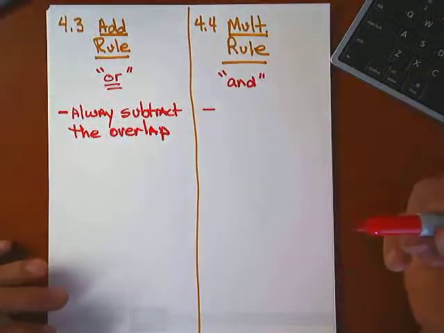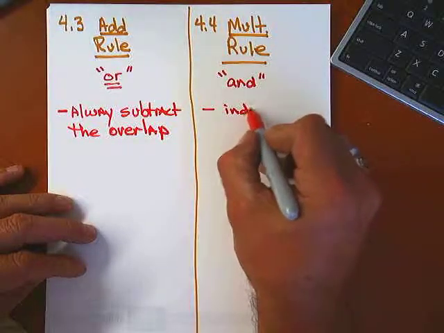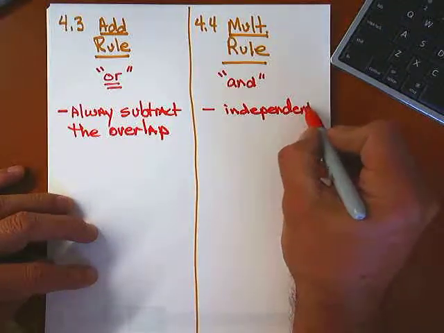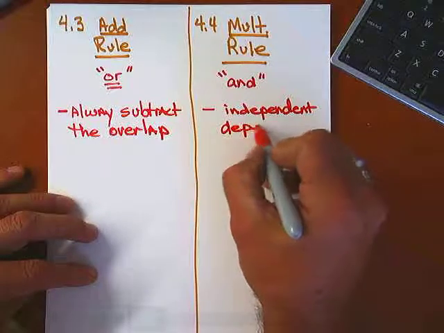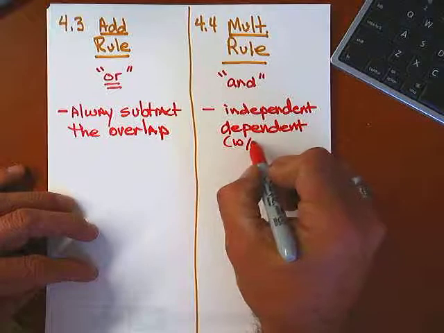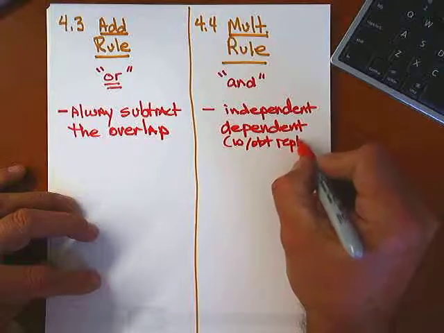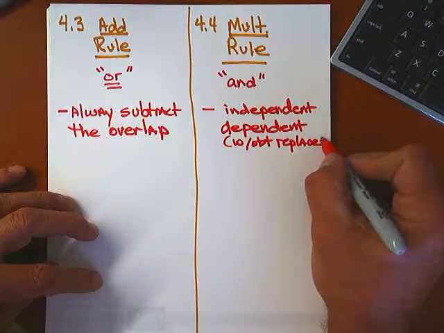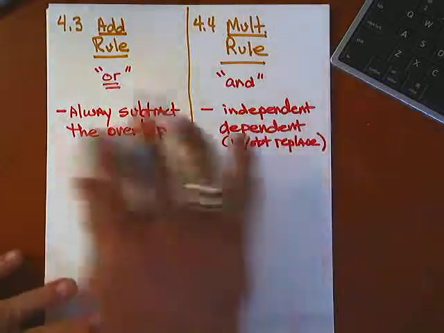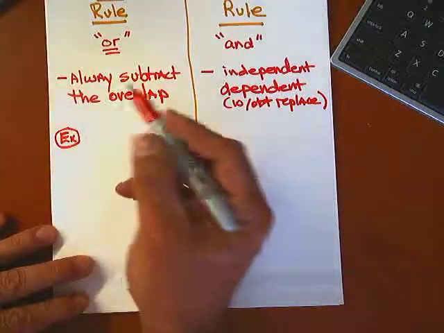Over here, something you need to remember is determine whether you have an independent or a dependent. Dependent is without replacement, and I'll explain that in just a second. Without replacement.